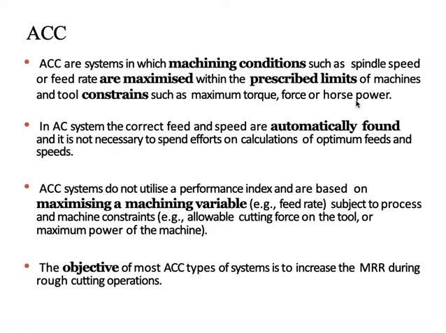The objective of the adaptive control is to manipulate speed or feed to maintain the major variables at or below their constraint limit values. The constraint defines the permissible range of operations.